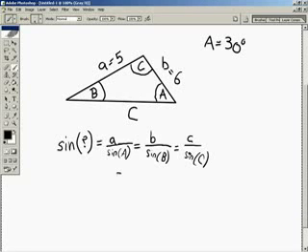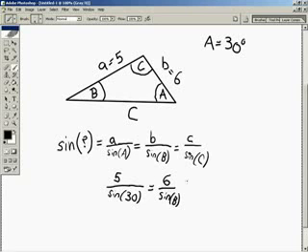So, what we know is this. We know A divided by sine A is equal to B divided by sine B. So, now we want to isolate sine B, because that's what we don't know. Well, that's quite simple.